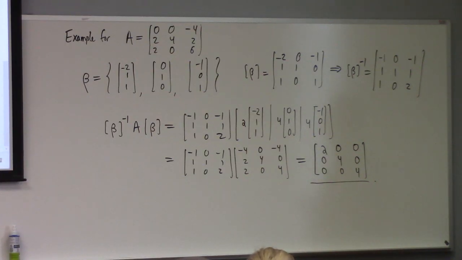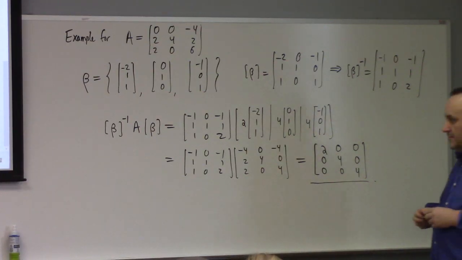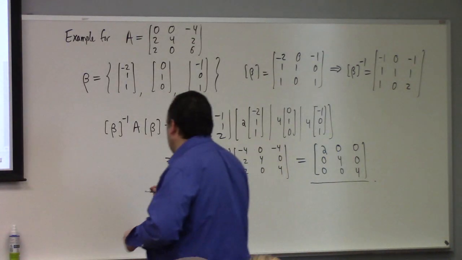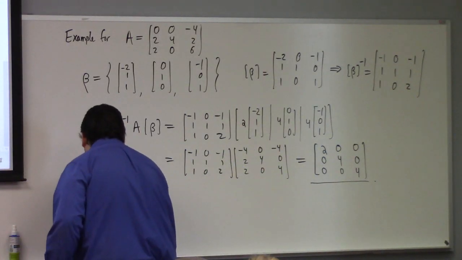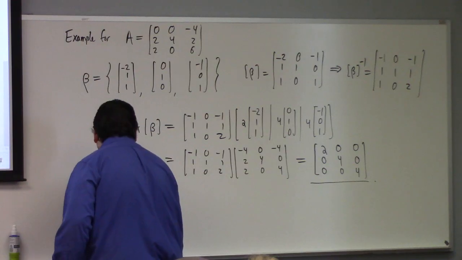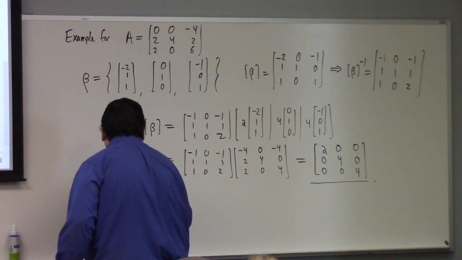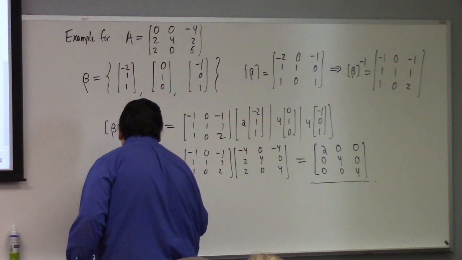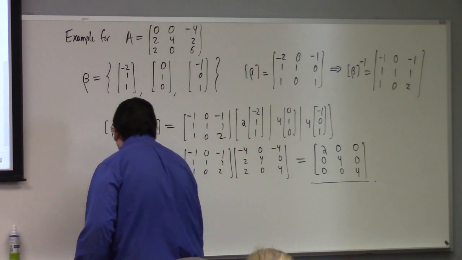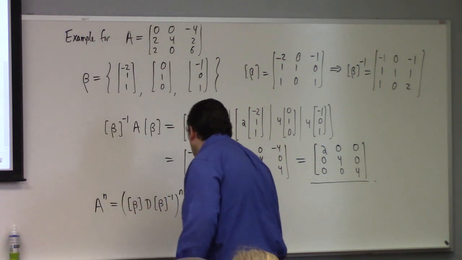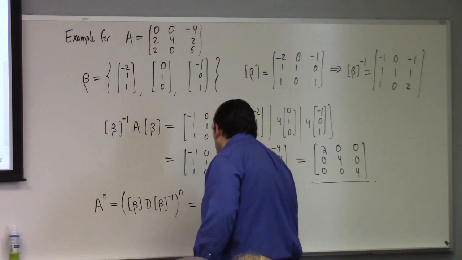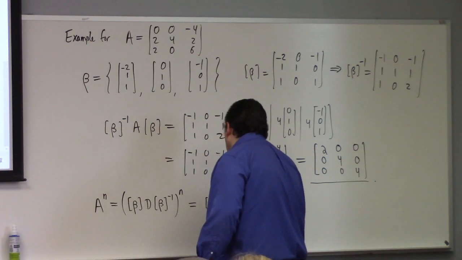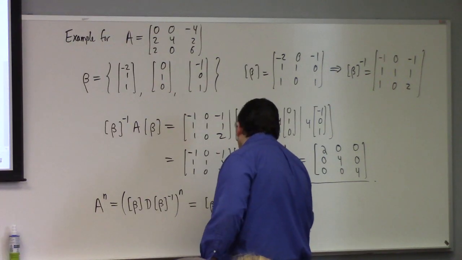Now, why does this matter? Check this out. If I was going to calculate A to the power n, that would be a real pain. But A is also equal to the basis times the diagonal matrix times the basis matrix inverse, right? And if you work that out, you can easily prove that A to the n is beta times the diagonal matrix to the nth power times the beta inverse matrix.